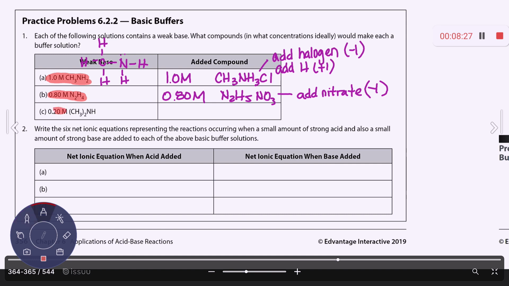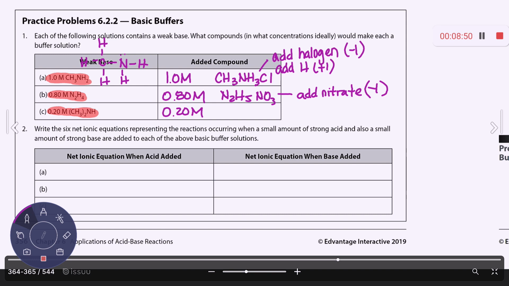Okay, and then this last one here. And these are really unusual buffer solutions that you're making. So I would not give you something like this, but this is just sort of guiding you through how to make it. So if this is 0.2, then make it 0.2 molar, and then go ahead and add a hydrogen.